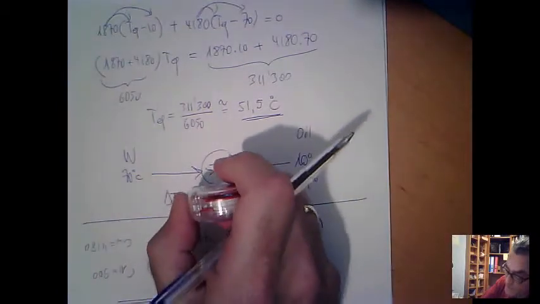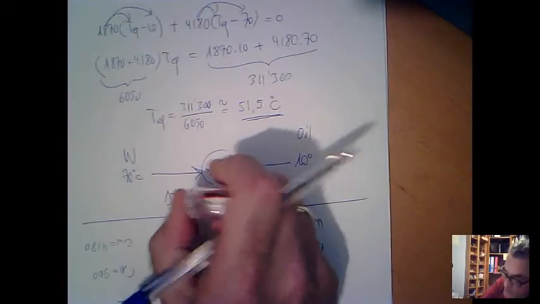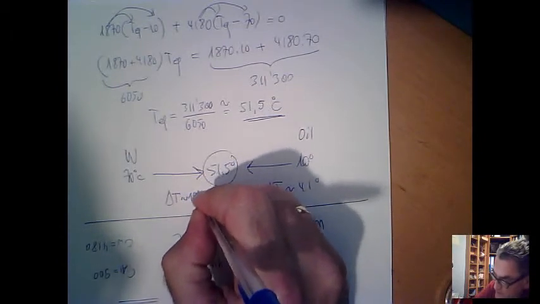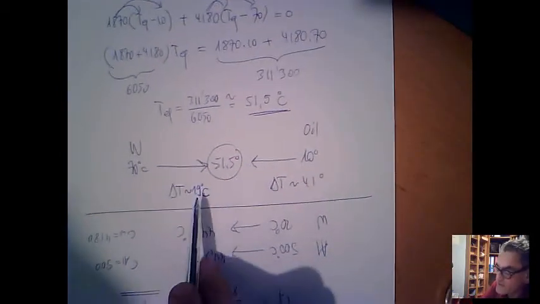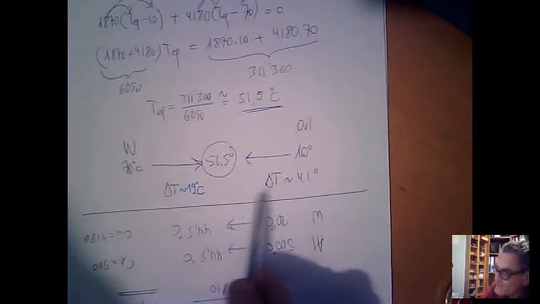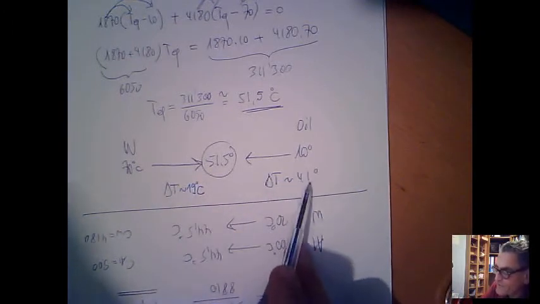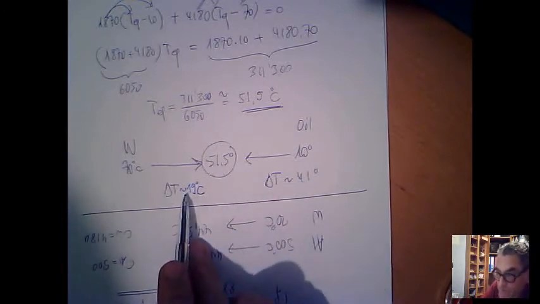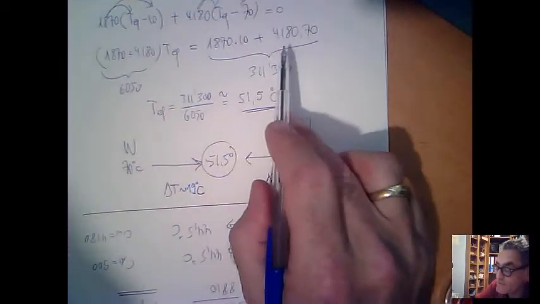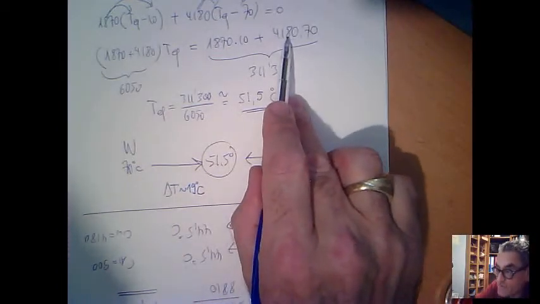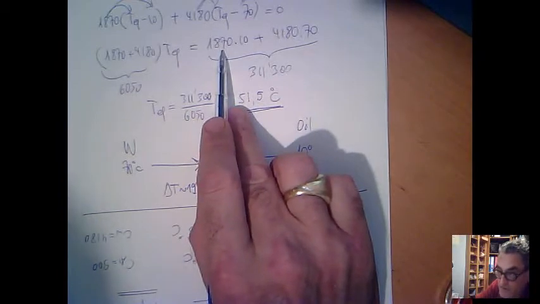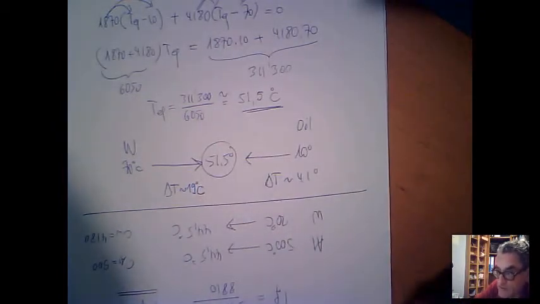From 70 to 51, it's not 9 degrees, it's 19 degrees. And so you see that the temperature difference for the oil is about double the temperature difference for the water, and this is consistent with the fact that the C for the water is about double the C for the oil. This is all connected.